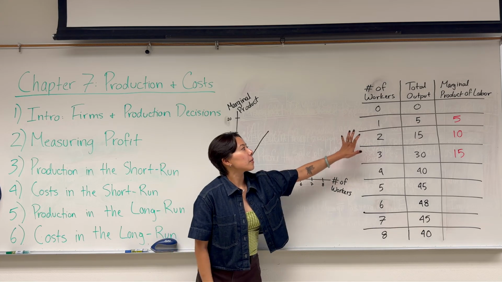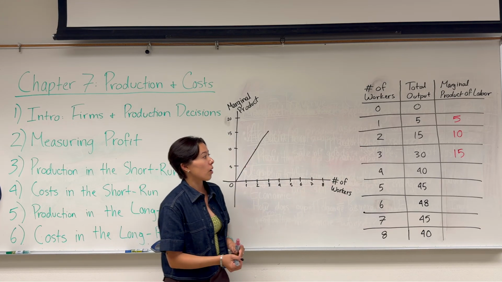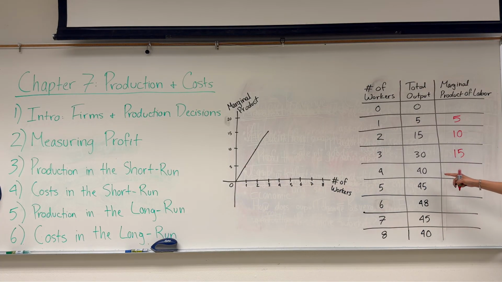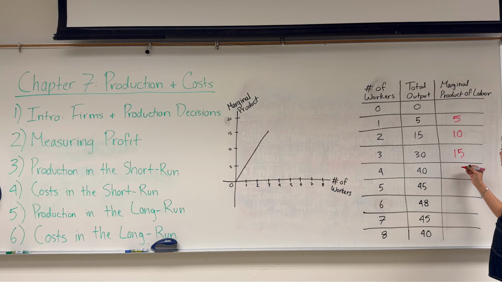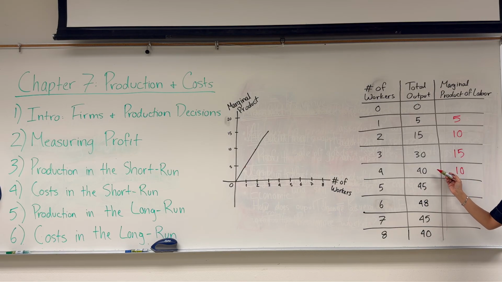Now, I can keep looking at the information in this table. I can use it to calculate my marginal product of labor. And what I'm going to see is that when I hire this fourth worker, my output still increases, and the marginal product of labor for this fourth worker is 10 burgers. If I want to hire the fifth worker, they're still adding to my output, but they're not as productive as the fourth worker was, right?